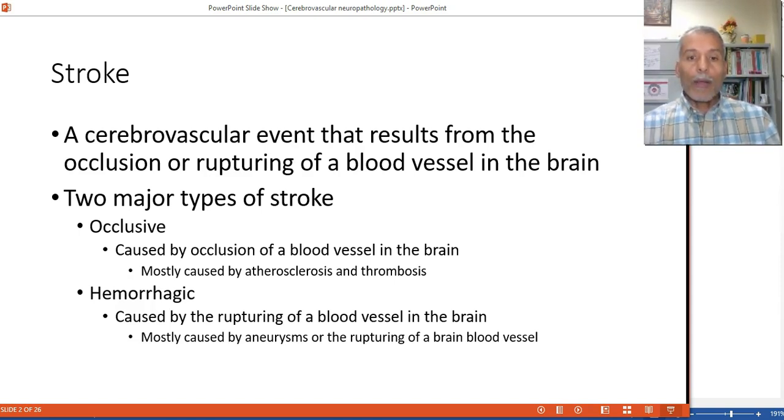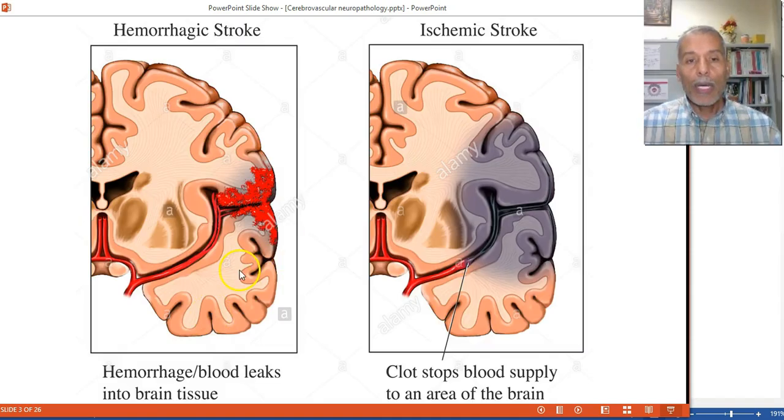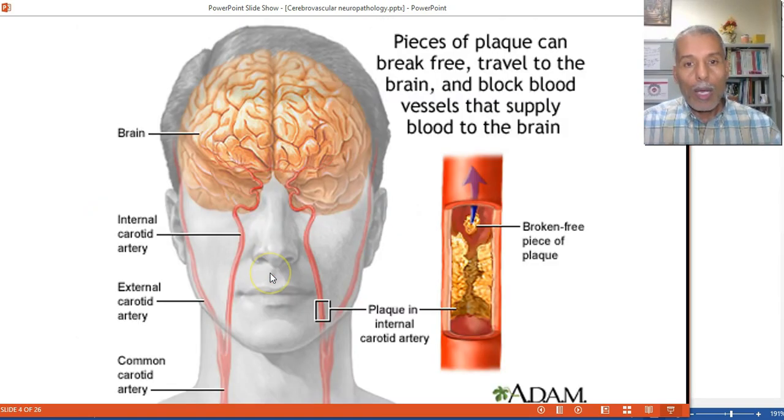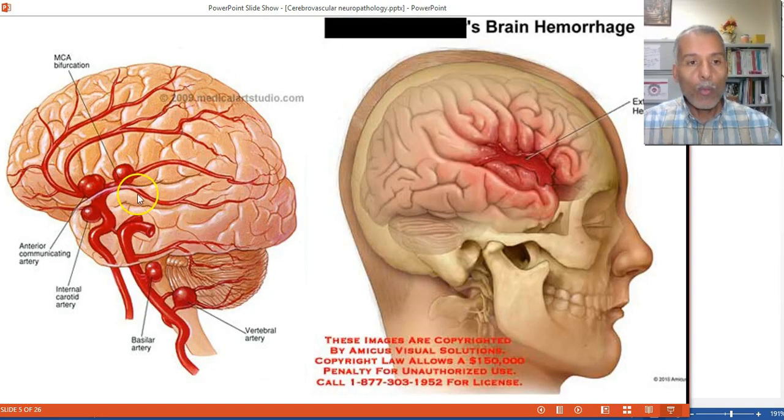Another way is if there's an aneurysm. An aneurysm results from a weakened spot on a blood vessel, where that spot, because it's weak and the blood is going through, is pushed out and made into a little balloon.